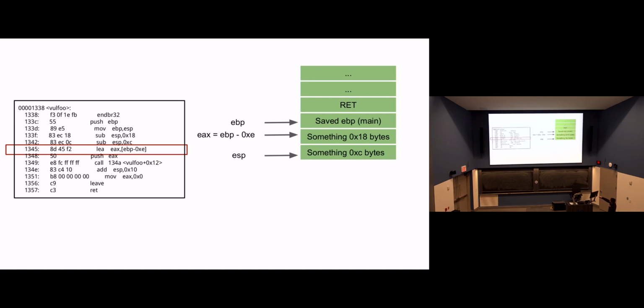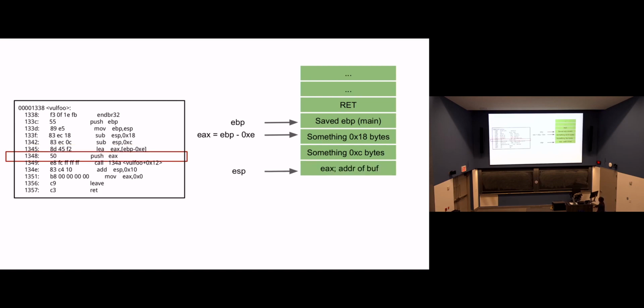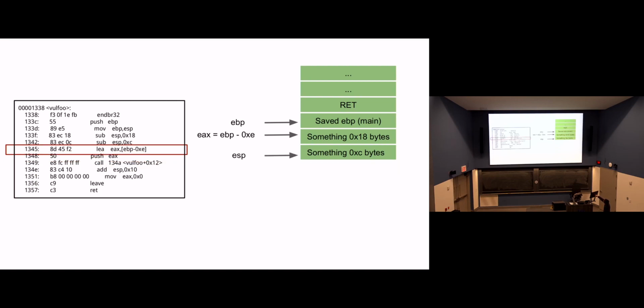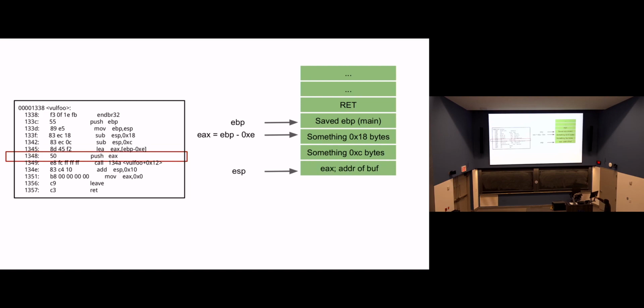EAX is actually EBP minus E. Sorry, EAX points to here, because this point here is the EBP, and this point is actually EBP minus 18 in hex, right? So EBP minus E would be somewhere in the middle here. So that is where the buffer is. Then we push this address, then we call this function.